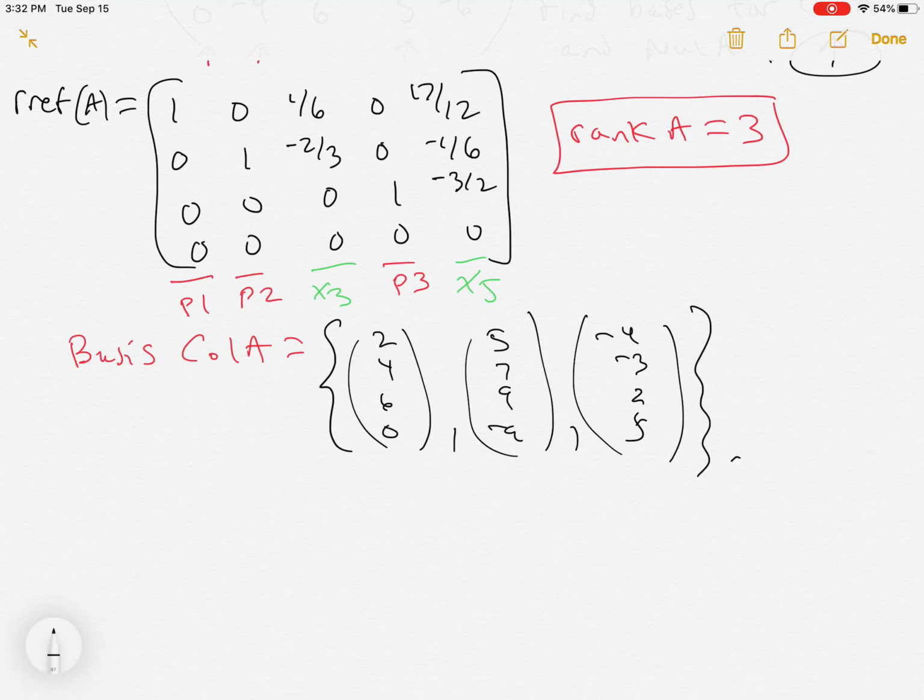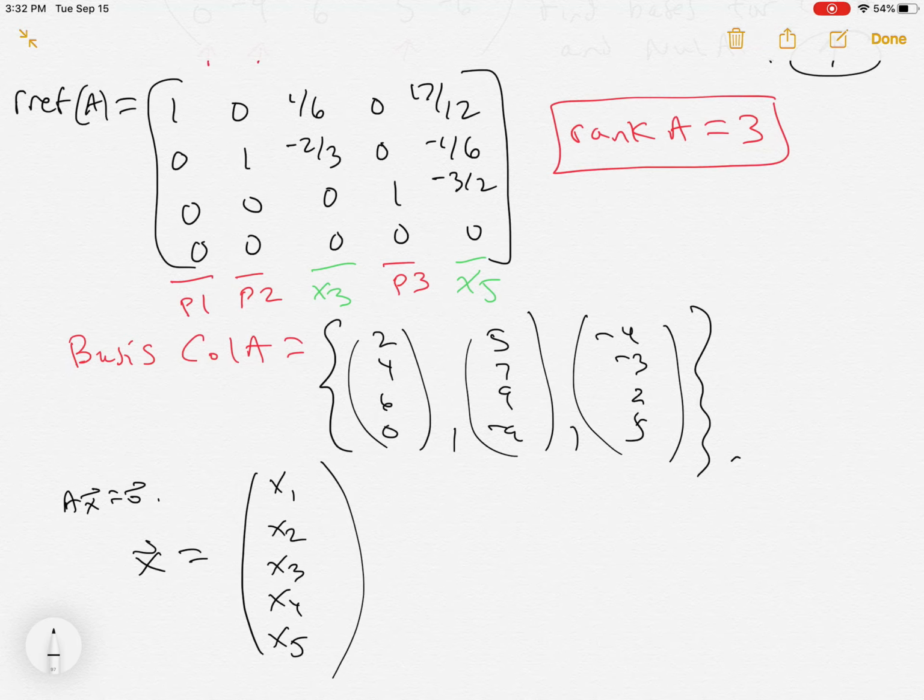So now we solve AX equals 0, which if you've been with me since diffie-qs, we've been doing this since February. When I do this the same way every time, I write out all 5 variables, because x is in R5. And then the next step, I always write down the 2 free variables, or however many there are. So in this case, x3 and x5. And then the other 3 variables should be linear combinations of x3 and x5.